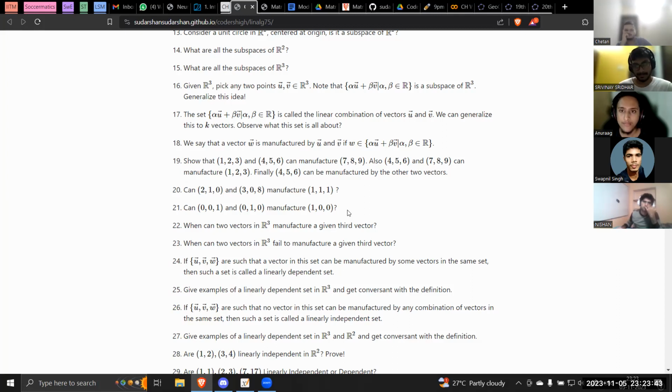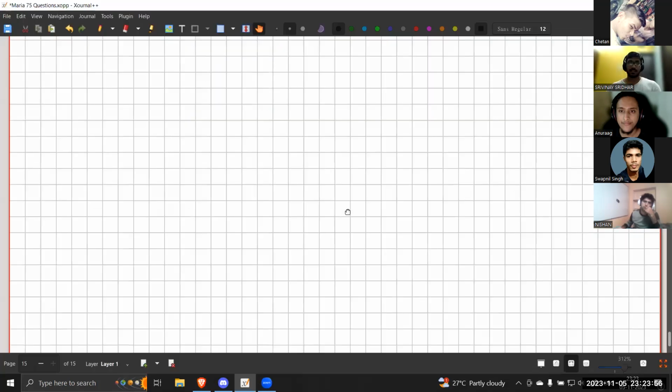If you take a linear combination of these two, the generalized version you can get is 0, alpha, and beta. Awesome. And you cannot manufacture one. Exactly.